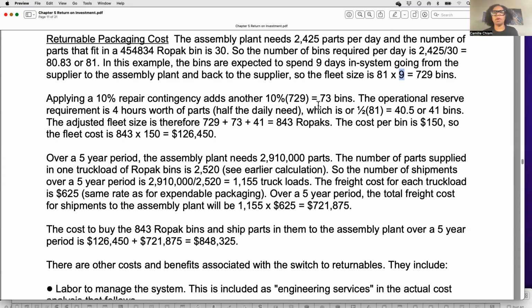Again, you don't want partial bins, so you're going to round that up to 73. So 72.9, you're going to round that up to 73 bins. So now we know that we're going to take the 729 and the 73 bins. So we know we have that repair contingency in there.